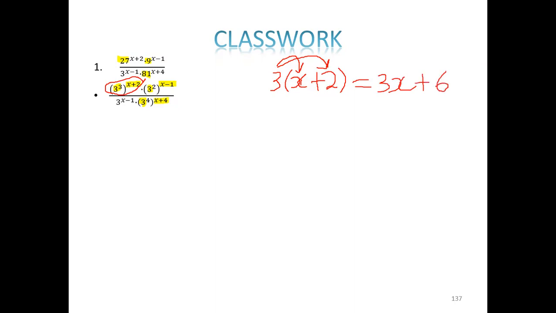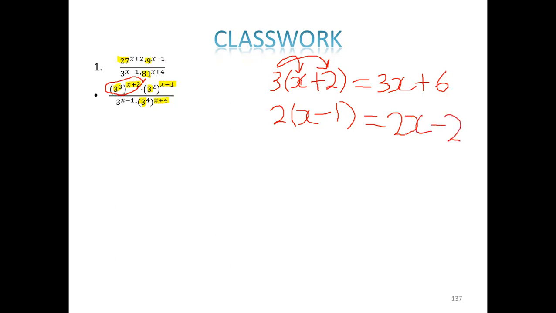The next one, we are multiplying 2 with x minus 1, and it'll give us 2x minus 2.